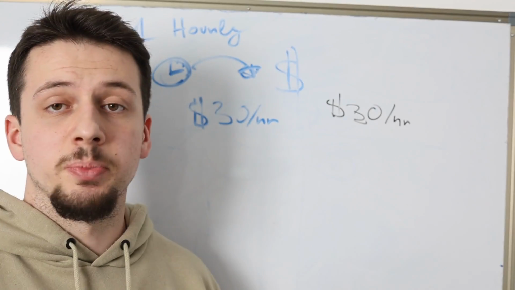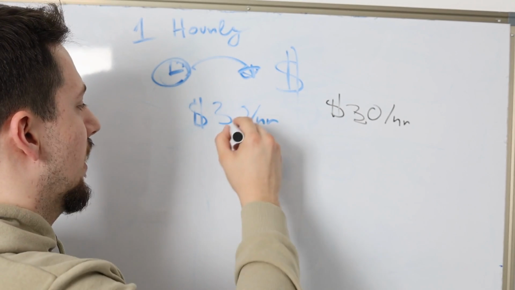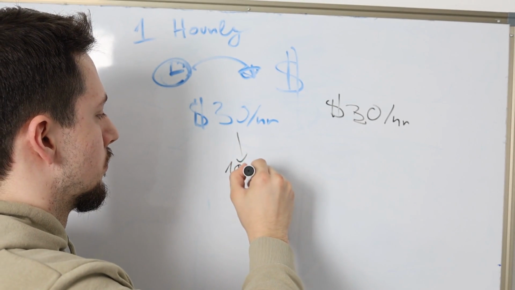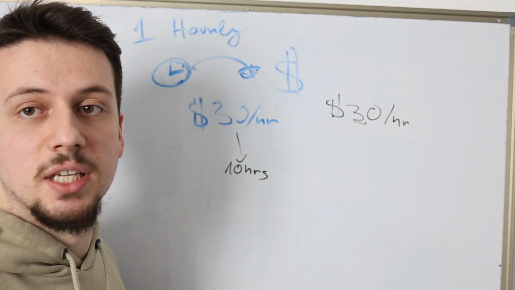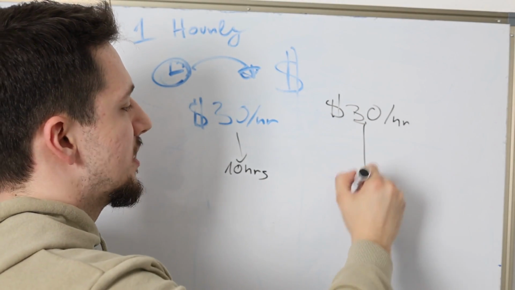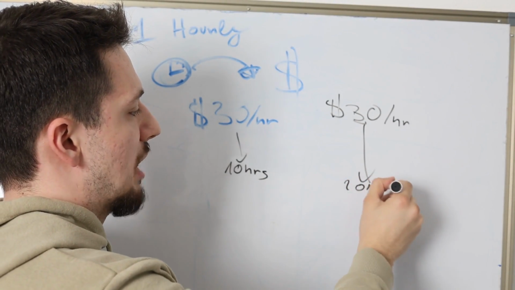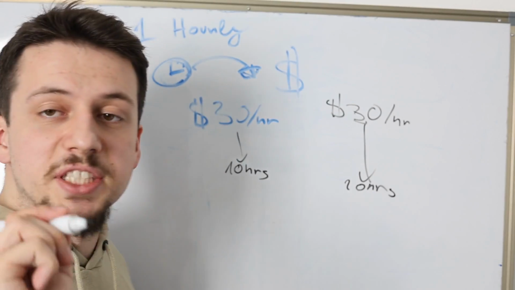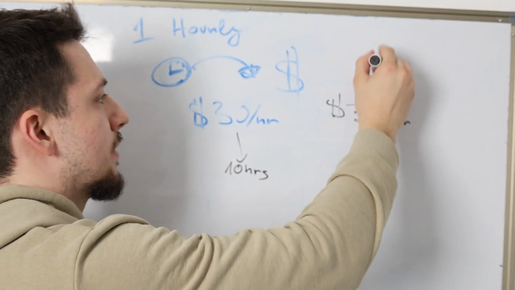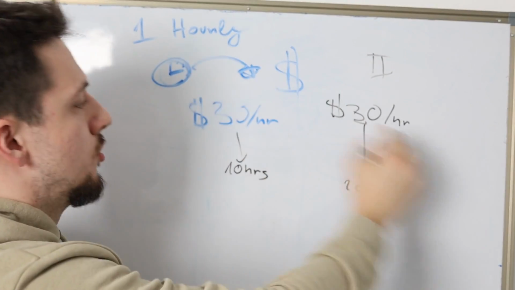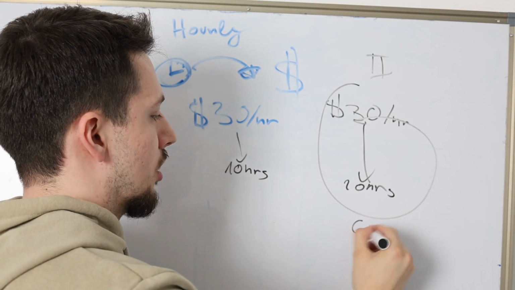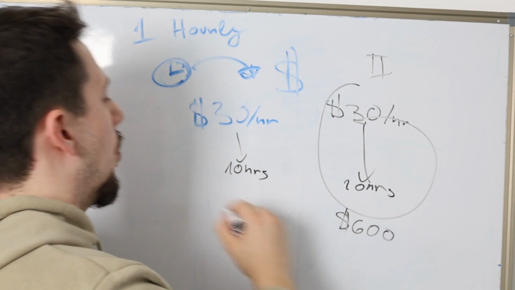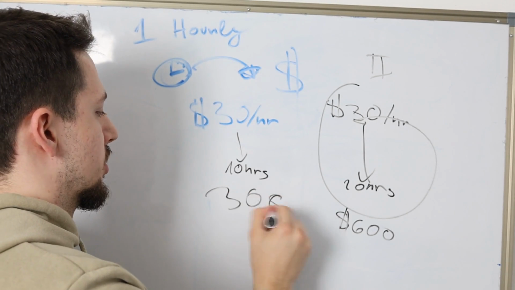And since you're good intermediate, you're able to finish that in only 10 hours. Meanwhile, the other 3D artist takes 20 hours. So double the amount of time that you take in order to finish that same project. Well, what's happening here is that the second 3D artist, so not you, he's making $600 while you're making only $300.